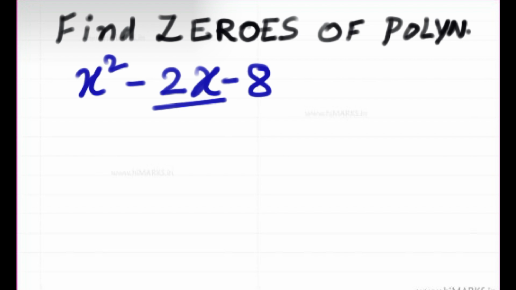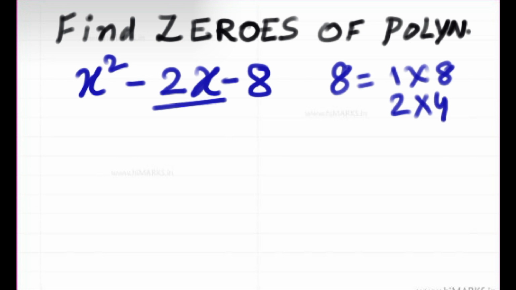First and last multiply. Here it is 1 and 8, so 8 must give 2. 8 can be broken as 1 into 8 and 2 into 4. Here we can see that 4 and 2 can give 2.